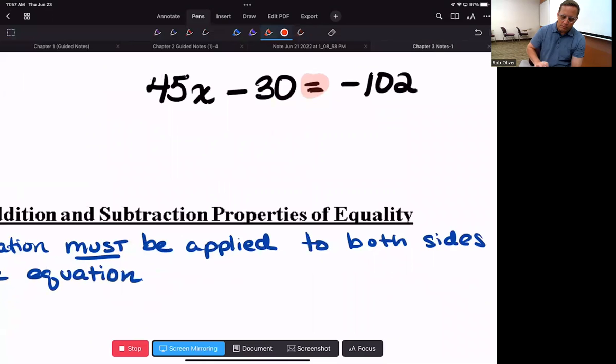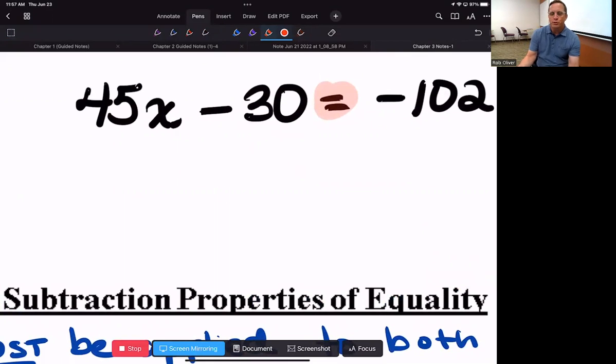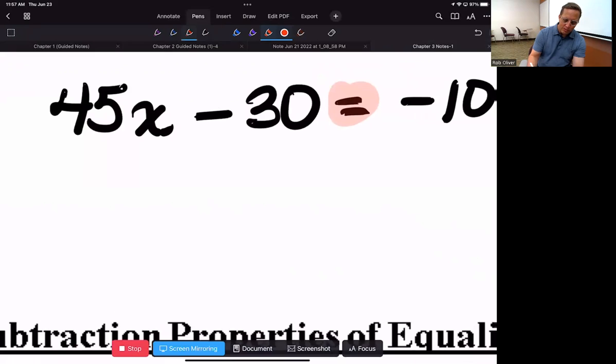I also want to make note, and it's not really a huge issue for chapter 3 just yet, but this is something you will definitely encounter looking forward. If you look at the power of the variable, the x term, it could be an n, it could be any letter, basically anything, but the variable has a power of 1.